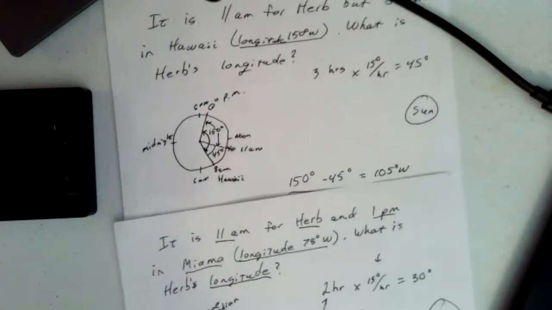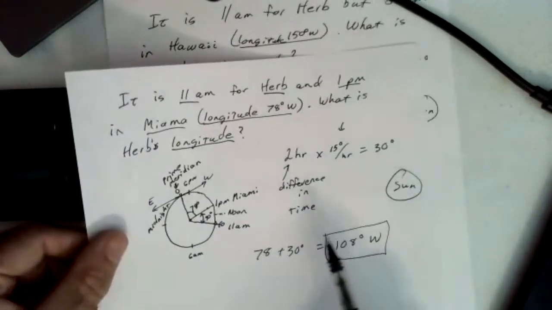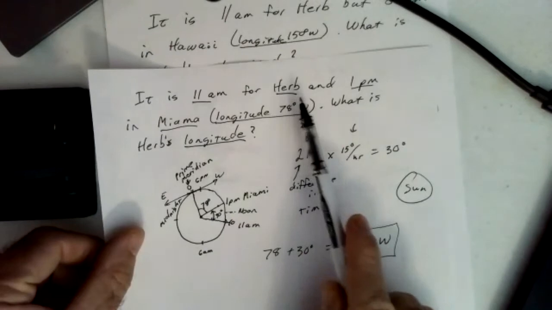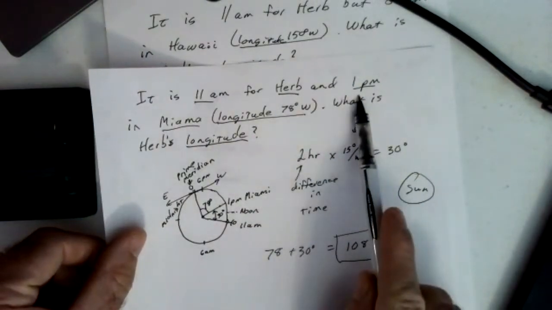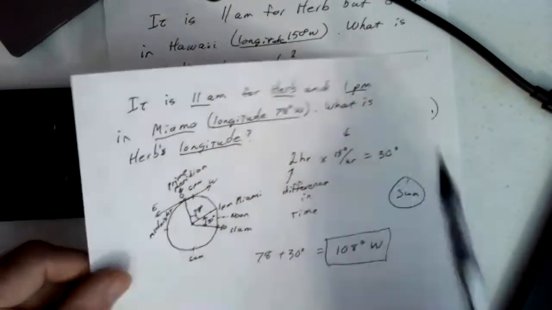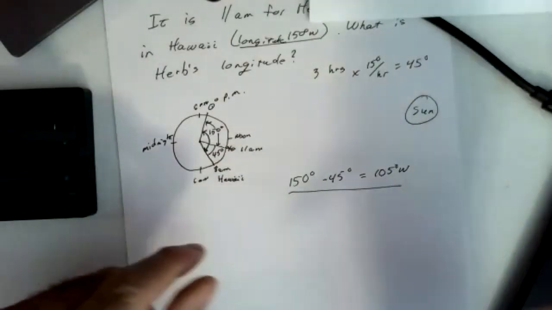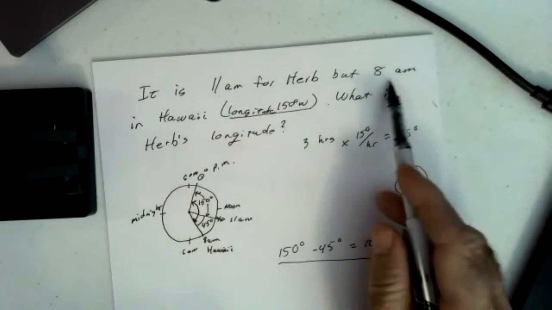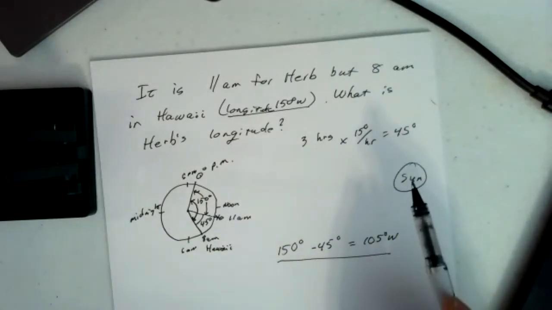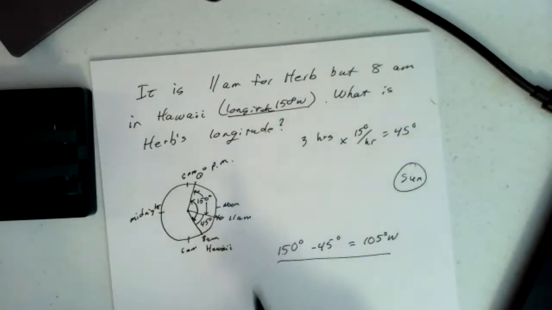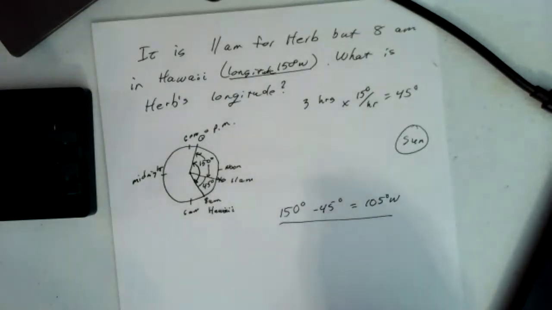The difference is, in the first one where we added, Herb's time was earlier than our reference point. In this one, Herb's time was later than the reference point. Now, if you draw your picture right, then it becomes very clear whether you add or subtract.